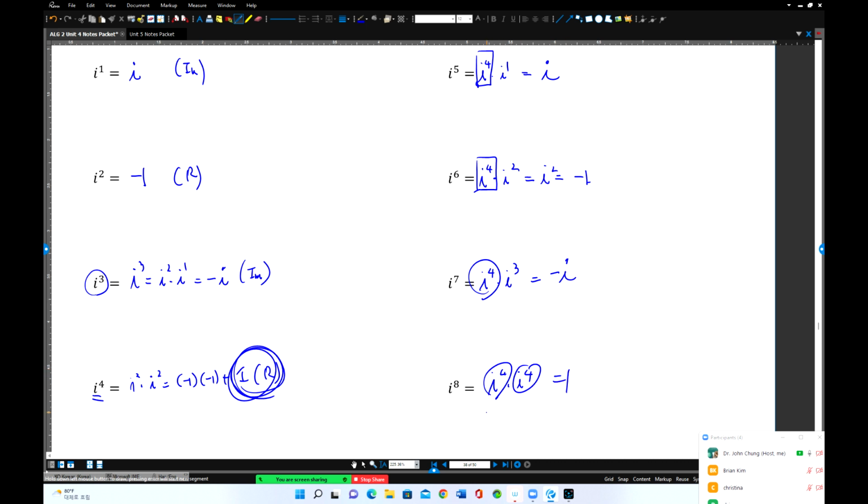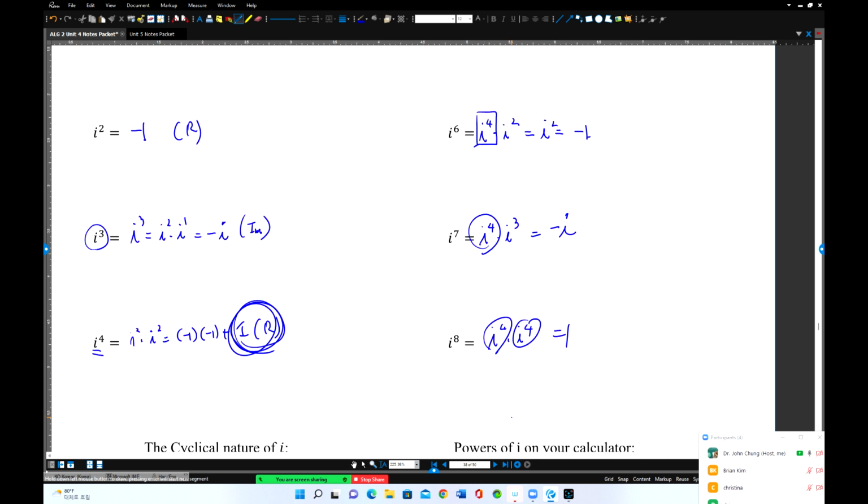So what is this number? This number is periodic. i, i squared, i cubed, i to the 4. This is i, this is negative 1, this is negative i, this is 1. The next one is i to the 5th power, i to the 6, i to the 7, i to the 8, i to the 9, i to the 10, i to the 11, i to the 12.